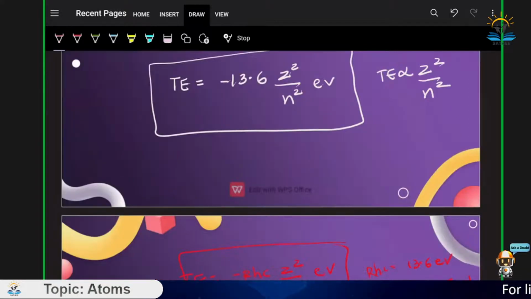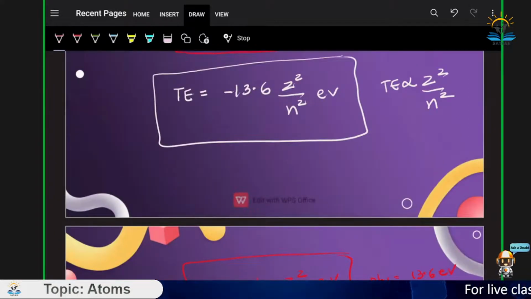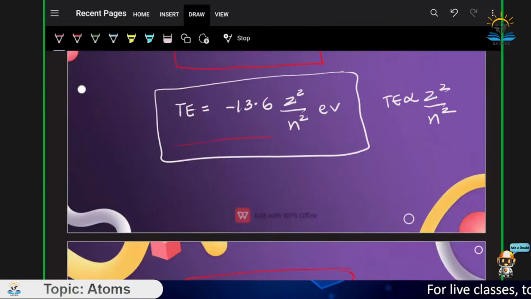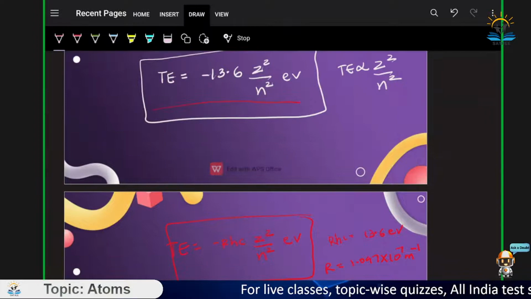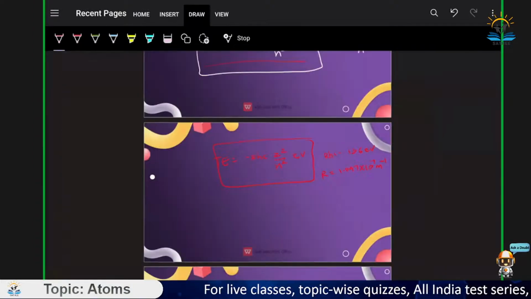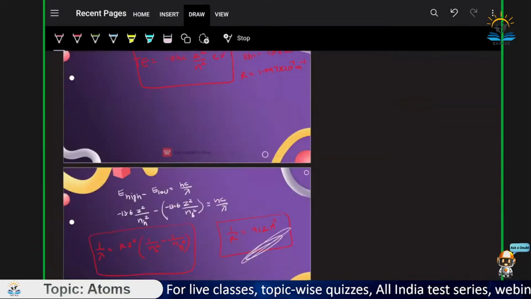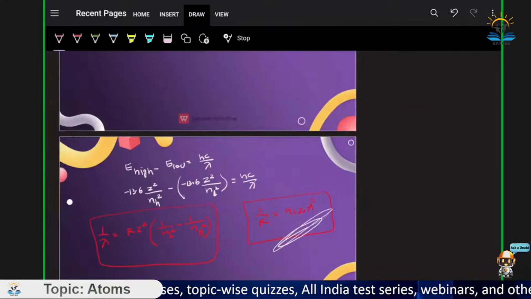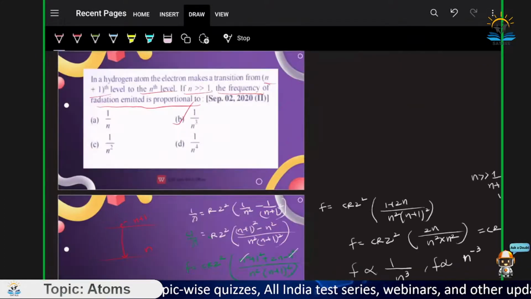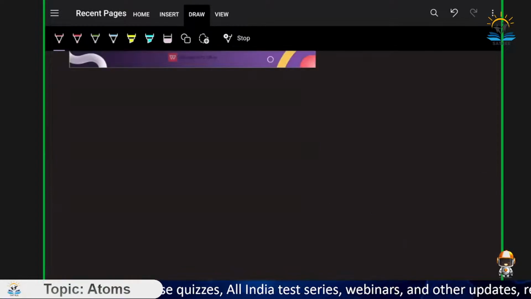Total energy is equal to minus 13.6 Z square by n square electron volt. The question is also given.